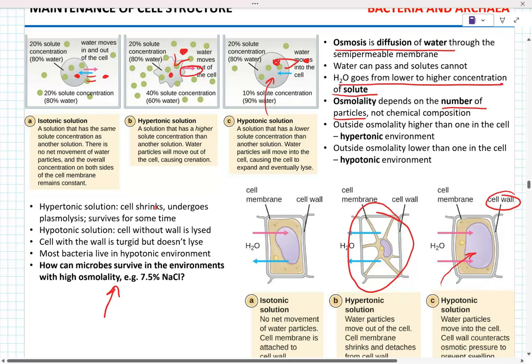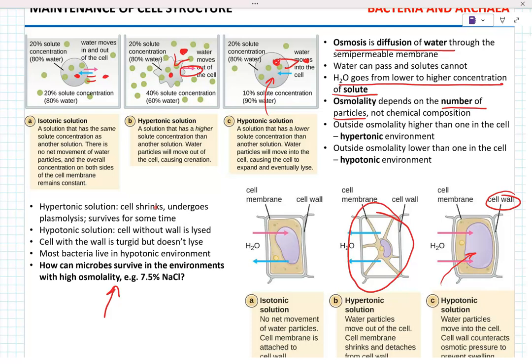Another question that I want to ask you is this. You're probably familiar with a body of water, or rather brine, called the Dead Sea in Israel. It's extremely salty. And yet, there are bacteria and archaea that live in these salty waters. How do you think they manage to survive? Let me guide you through.